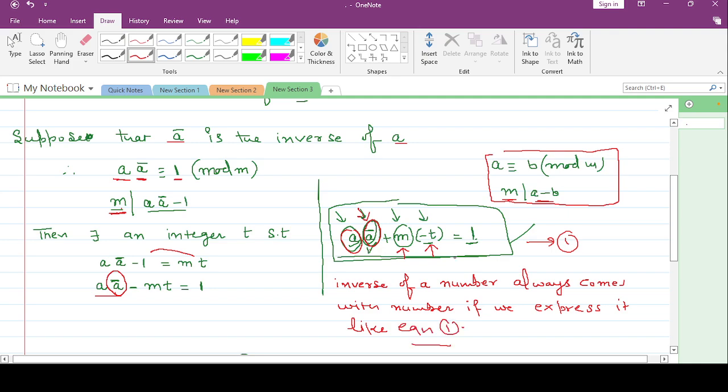If we express it like equation 1, then the inverse of a number always comes with a number. So you people remember this thing.